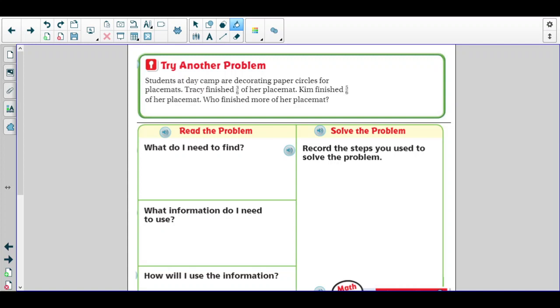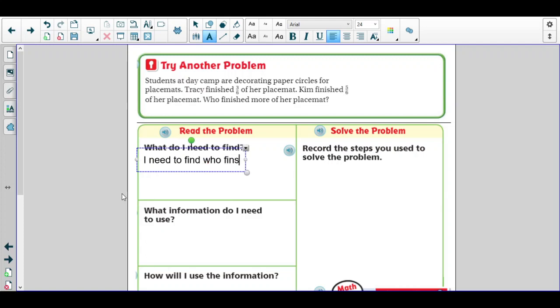So, what do I need to find? I need to find who finished more of her placemat. We'll go ahead and get that shrunk up over here.